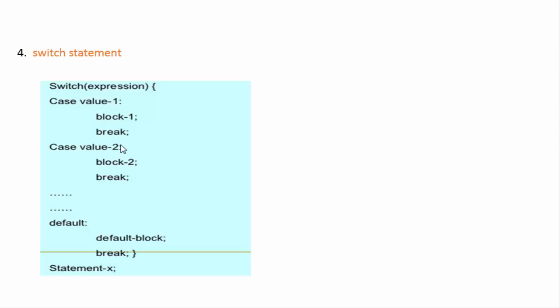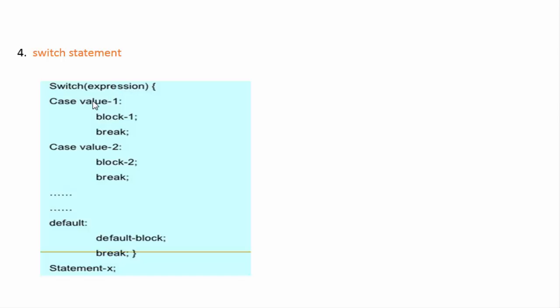And how will this particular group of statements be selected? With the help of the expression that is present within the switch. This expression should be an integer or a character value. Since char also evaluates to an integer, char is also allowed.